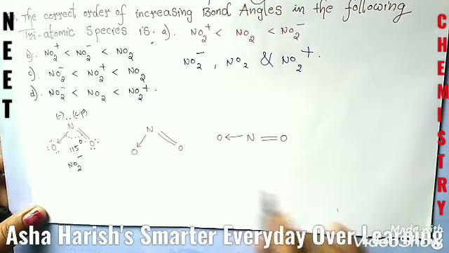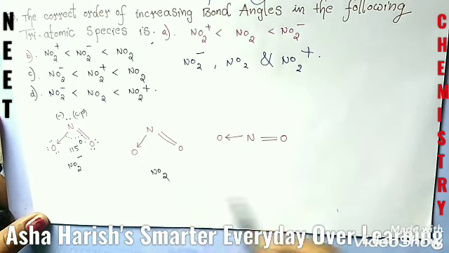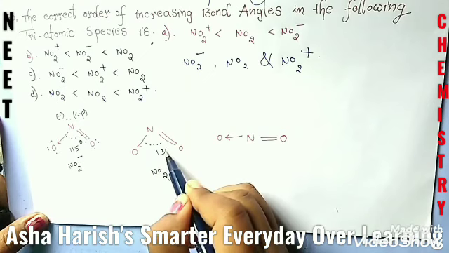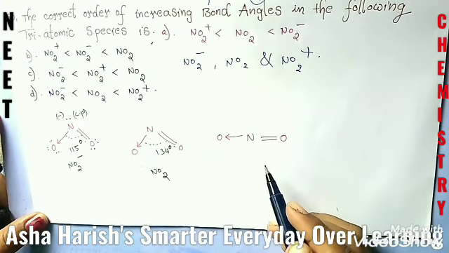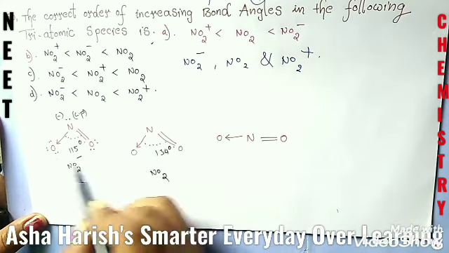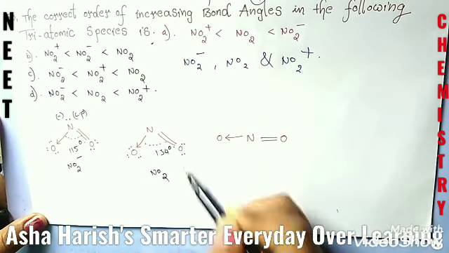And next we'll go for the next one, nitrogen. This is the structure for NO2. Here you can see the bond angle is 134 degrees. There is no lone pair of electrons on the nitrogen. Like this only, same as we did previously, 6 electrons, and here also 2.